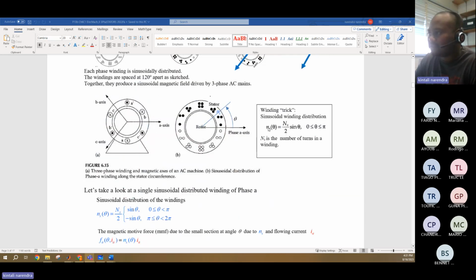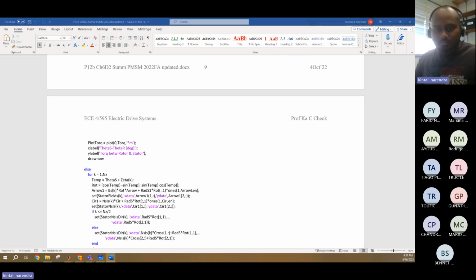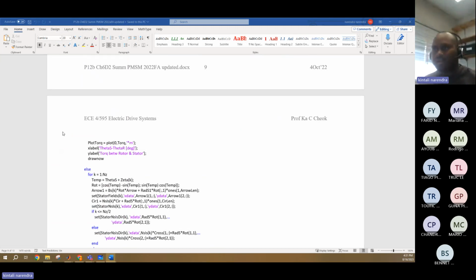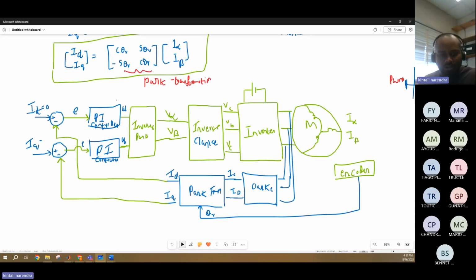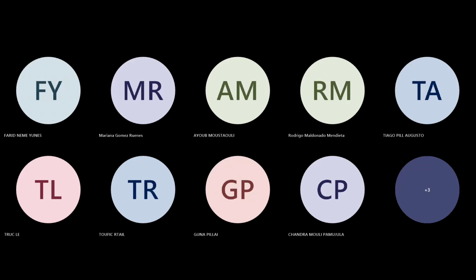Now we know this is the resultant number of windings. Now let's derive the torque equation for a simple brushless DC motor. It is very simple. Just give me a second.